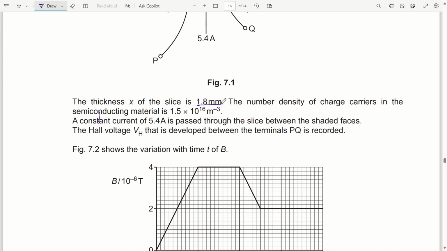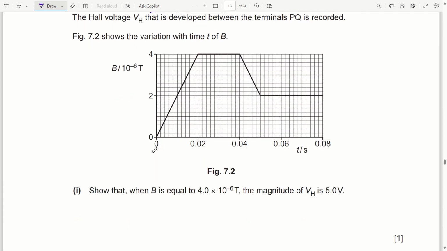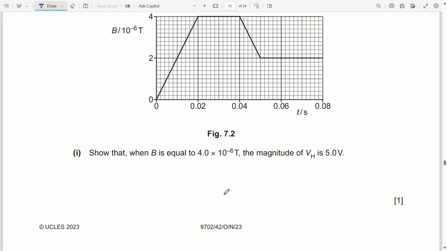So the number density of charge carriers, this is n, is also given. Constant current I value is given. Hall voltage Vh is developed between the terminals. Figure shows variation with time t of B. Magnetic field versus time graph is given. Show that when B is equal to 4 into 10 raised to power minus 6 Tesla, the magnitude of Vh is 5.0 volt.